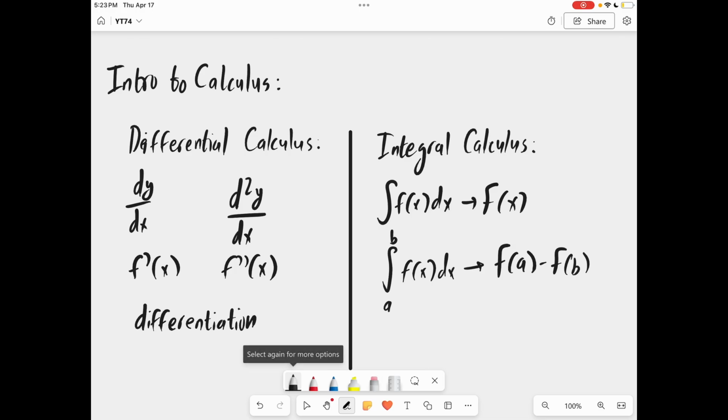Differential calculus focuses on derivatives, and integral calculus focuses on integrals. These two are almost opposite operations, kind of like addition and subtraction or multiplication and division, which have exact opposite meanings, but they actually have different but almost similar uses in many problems.